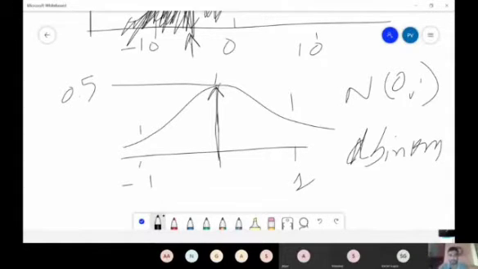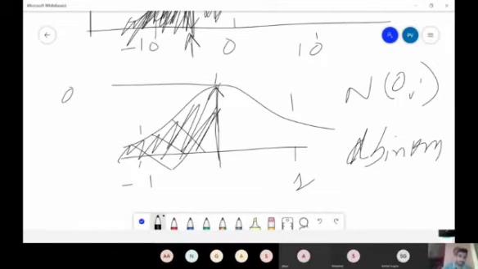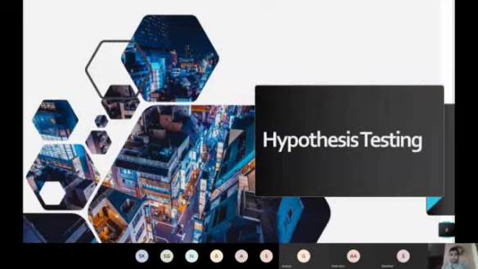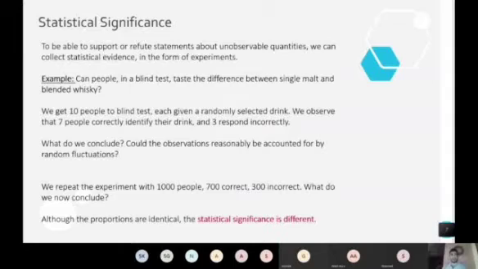What is the probability? If I say the P value, it would not return that height, it would return the area under the curve, 0.5. What would the Q value be? I have to specify the 0.5 area to cover, and what is the value? That is till 0. That's where hypothesis testing comes into it.